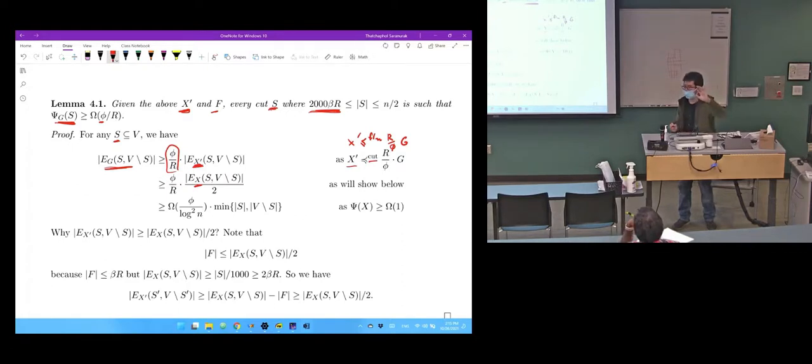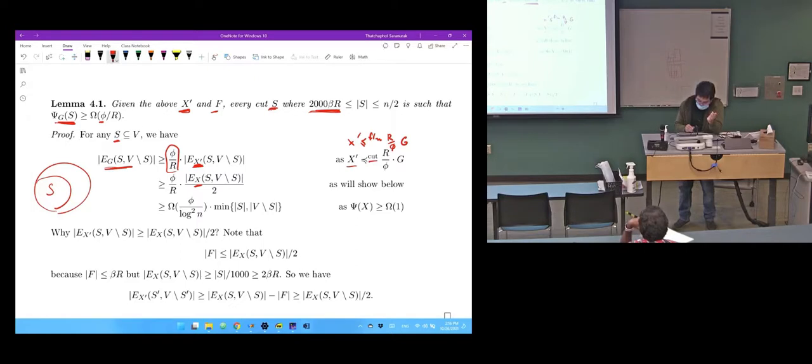I will prove this soon, but the idea is that here we will exploit the fact that S is kind of balanced. If S is balanced enough, then the cut size in X and X prime is kind of the same. But okay, if this is true, then we are done, right?